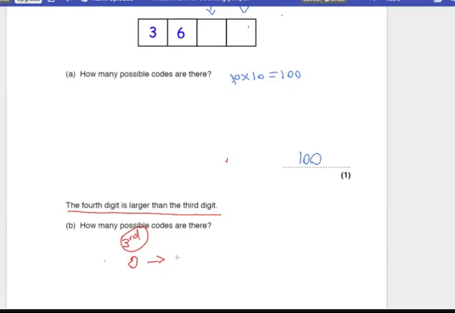Okay, so we've got 9 digits. And then if 1 were to go in the third digit, how many can then go in the fourth one? 8. Okay.